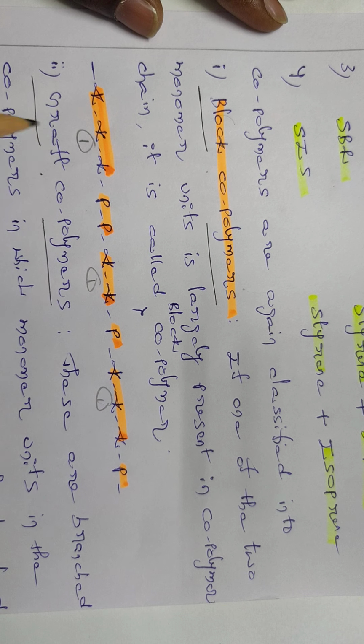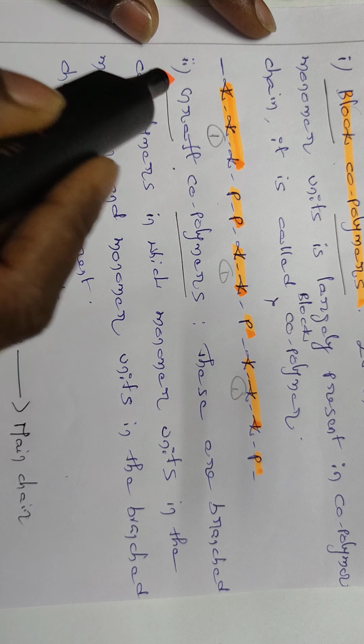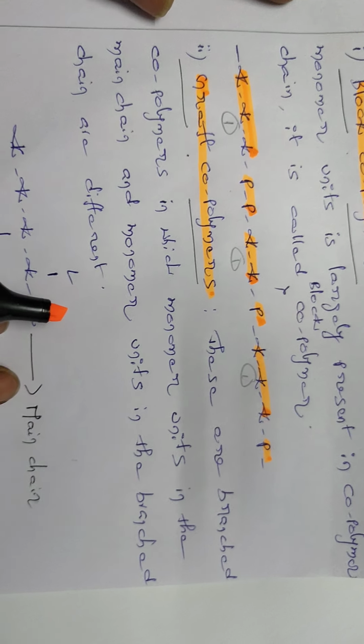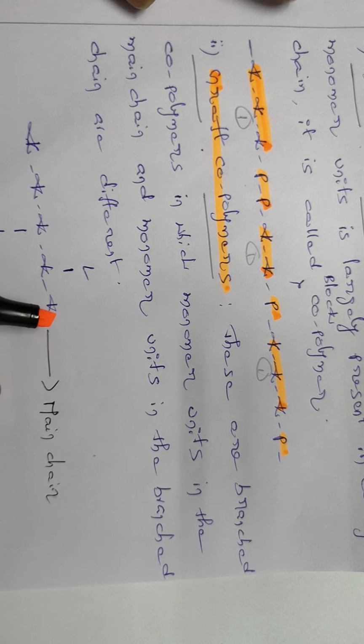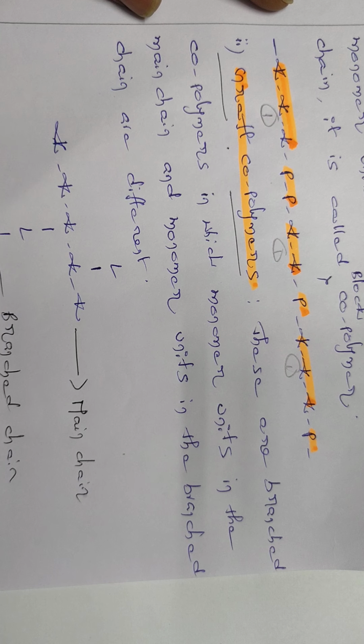That means if one of the monomeric units is largely present compared to another monomer, such copolymers are called block copolymers. And the second one is graft copolymers. What is a graft copolymer? In a polymeric chain, the monomeric units of the main chain and branched chain are different.